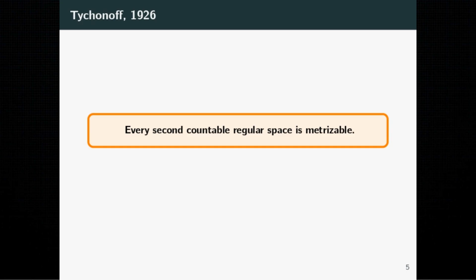So that's the theorem. And then 1 year later, Tikhonov in 1926 stated that the normality wasn't necessary because, as you may already know from topology, every second countable regular space is a normal space. So you didn't quite need the condition of normality. So it was enough to be regular.